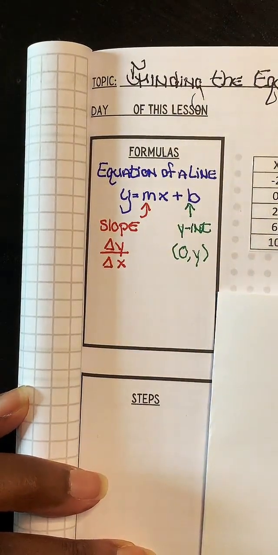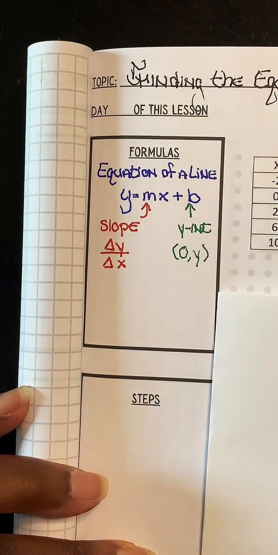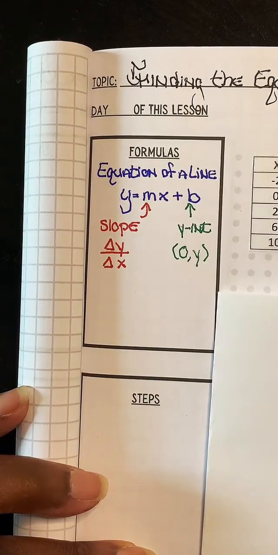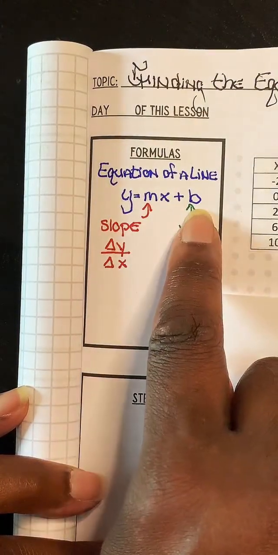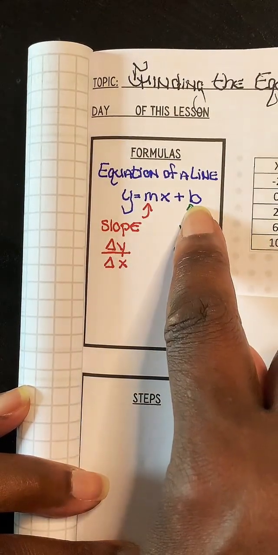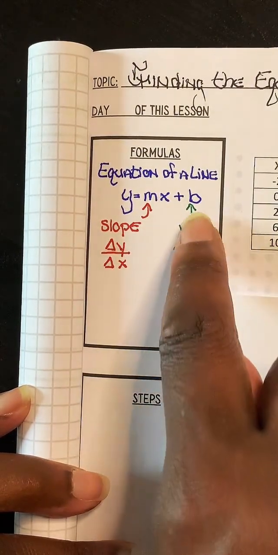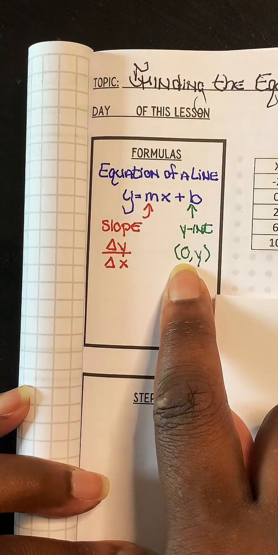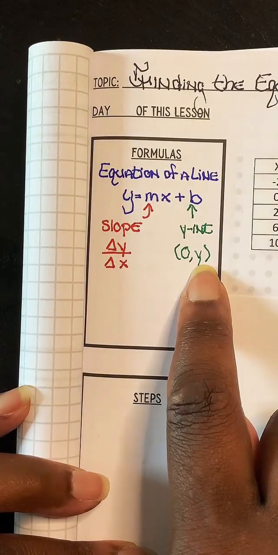A lot of people will probably say it's slope-intercept form because you need 2 things in order to create this equation of the line. You need the slope, which is your m, and you need a y-intercept. Now, the y-intercept, that's when your x value is 0, and then you have a number for the y.